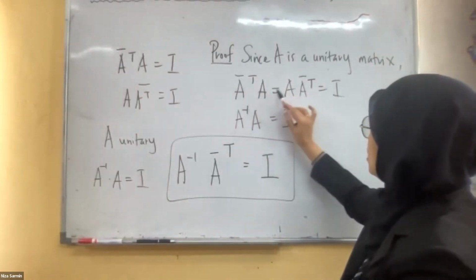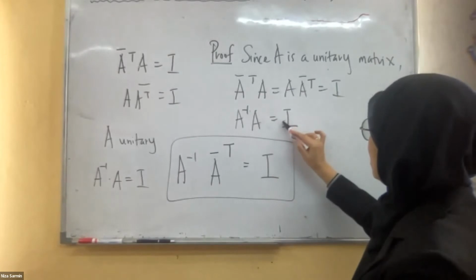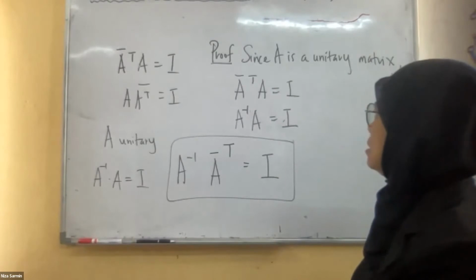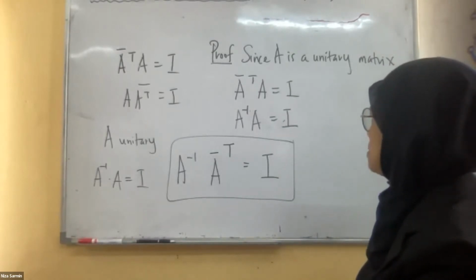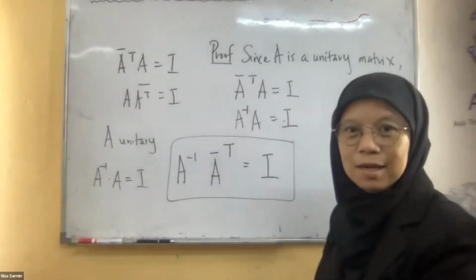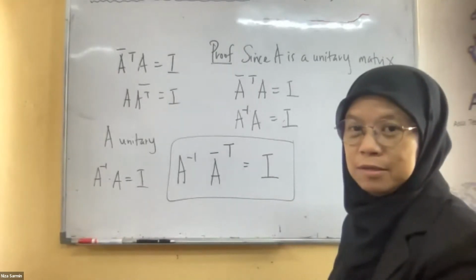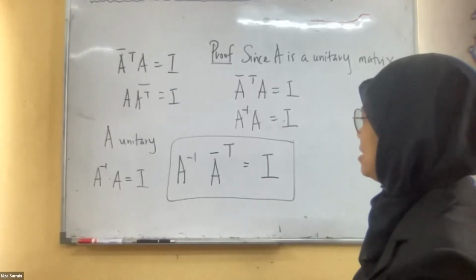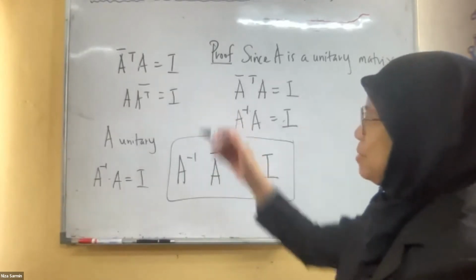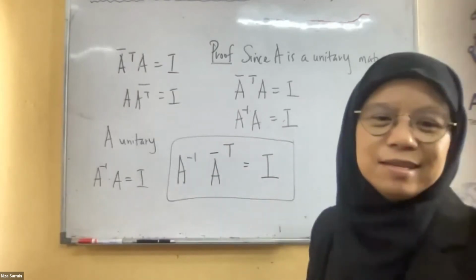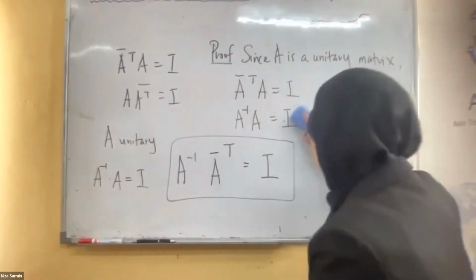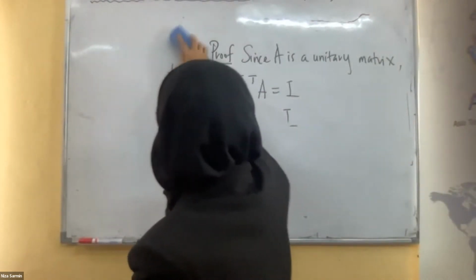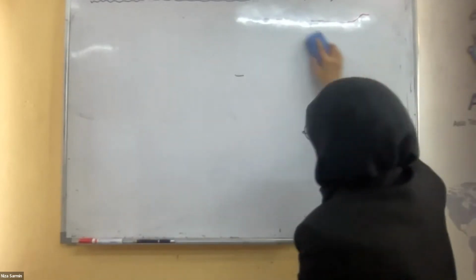A bar transpose A is I, A inverse A is I. Okay, saya buang ni. So what do you see? A inverse is A bar transpose. A inverse is A bar transpose. They are equal. And then you multiply again. Nampak. Okay, this is how, Farhan, you solve.